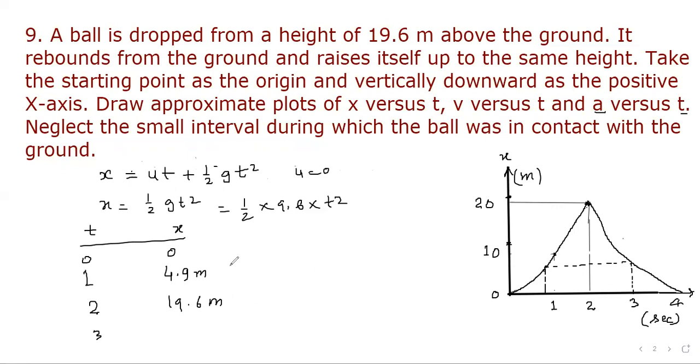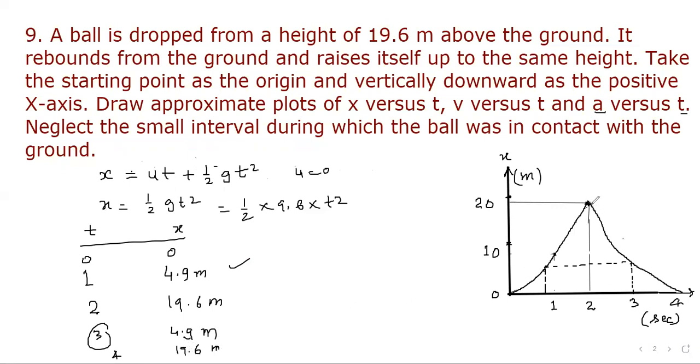Again we start from here, so this will be 4.9 meter. Here, 3 seconds means 1 second after the ball rebounds, starting from 0. Then 4 seconds means 2 seconds from the point it rebounds, so this will become 19.6 meters.